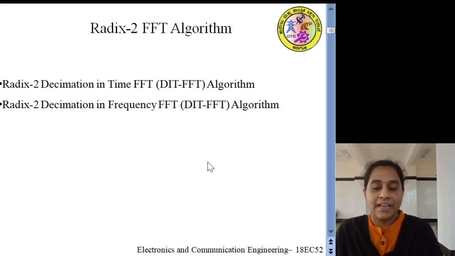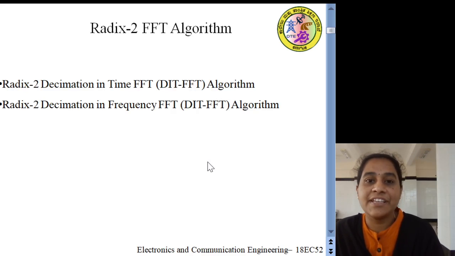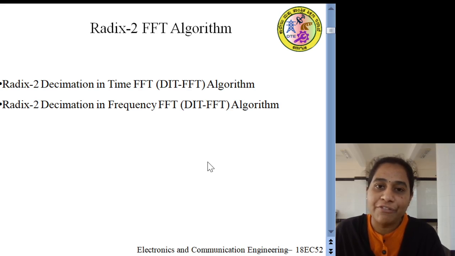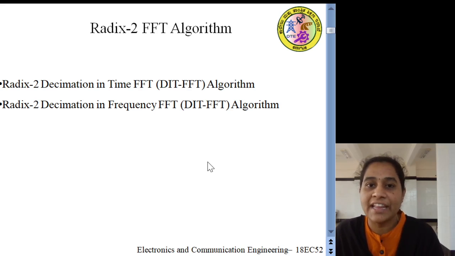So now first, as we considered in the previous session, in the classification of computing DFT, we first classified into DFT as a linear filtering as well as divide and conquer approach. That divide and conquer approach gets classified into three types, that is radix 2 FFT algorithm, radix 4 FFT algorithm, and split radix algorithm.